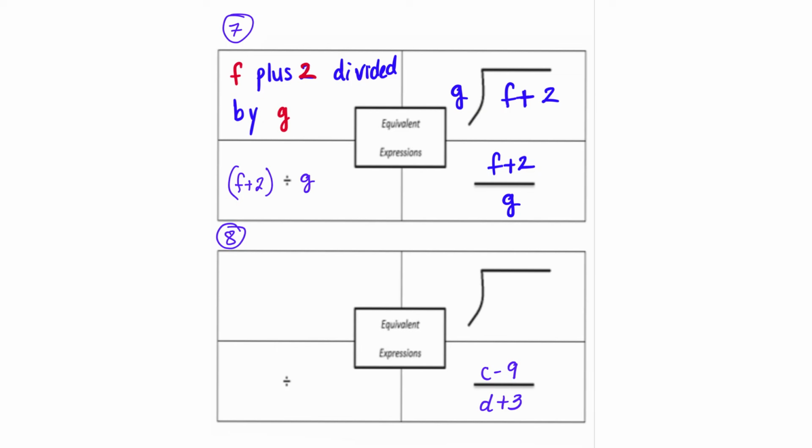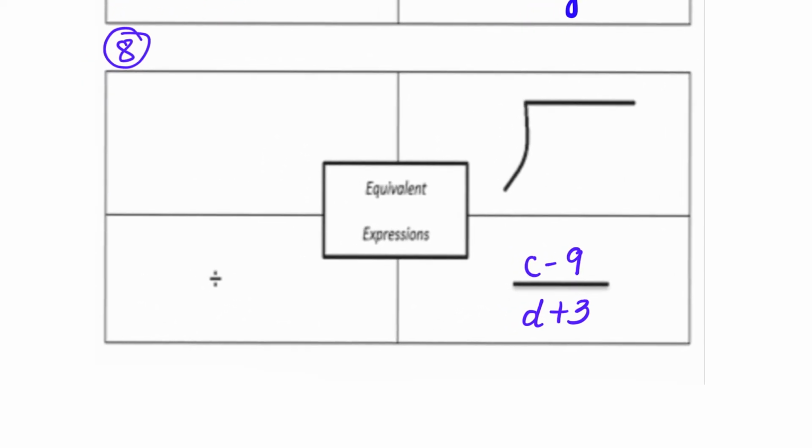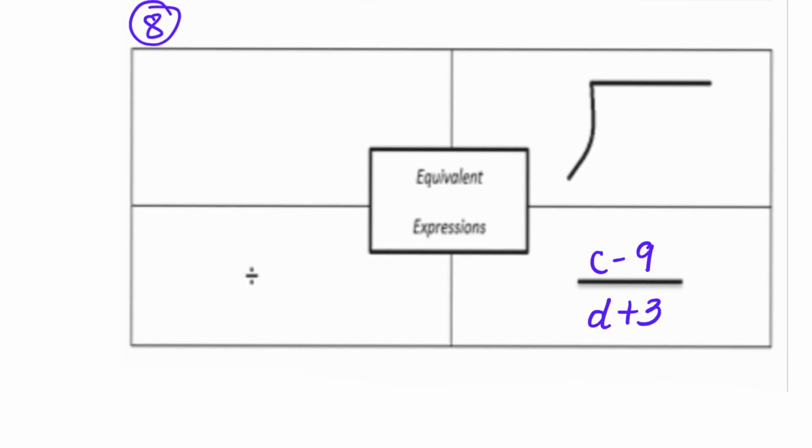Okay, now number 8 looks a little more complex, but if you just use the order that we have been using, you should be good. So your numerator is your dividend.